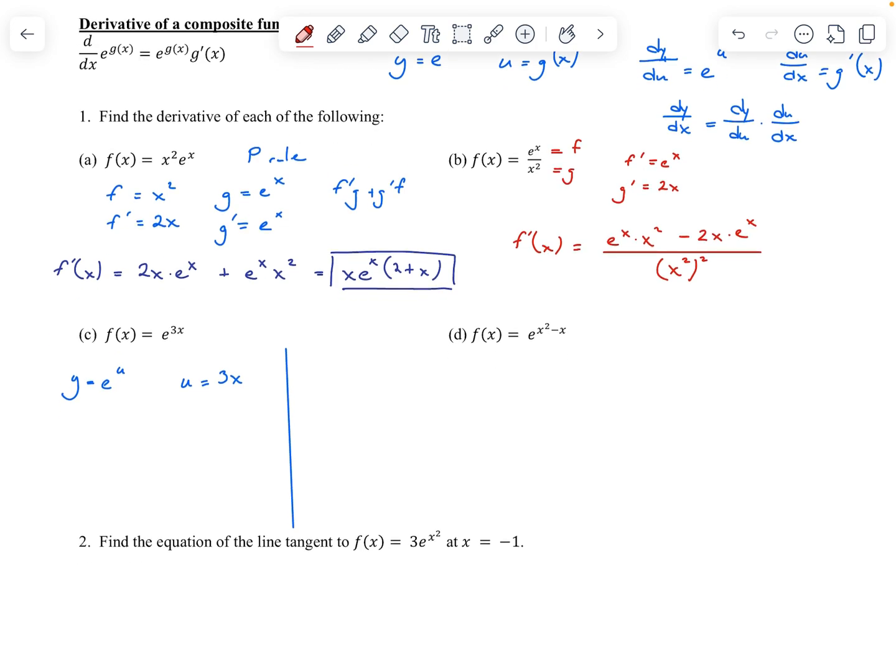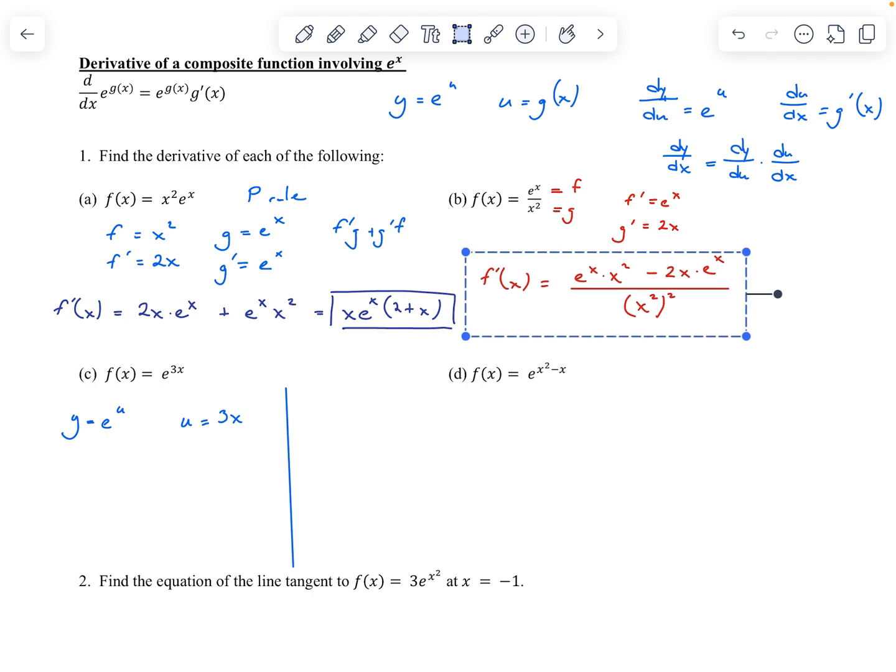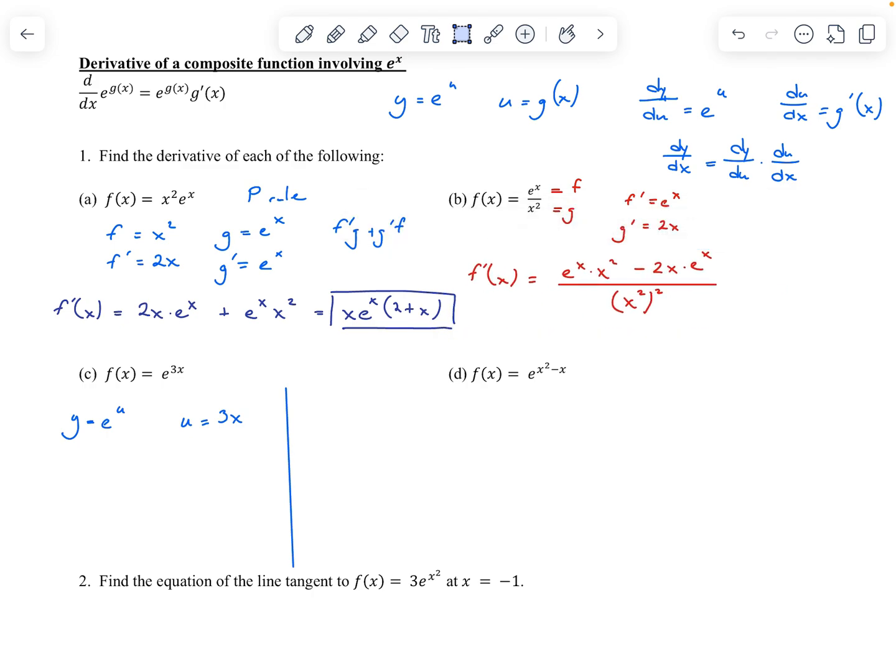So let's factor, sorry, I need some space here. Let's factor x e to the x out of the top. That's x to the fourth on the bottom. I can cancel an x top and bottom and make it e to the x, x minus 2 over x to the power 3.